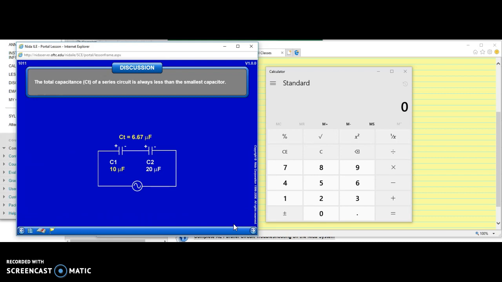Capacitors in series actually form a capacitor that is lower than the lowest value. So it's just the opposite of resistors. You have to remember, for capacitors, that holds true when they're in series. So if we've got a 10 and a 20, our overall capacitance is 6.6 microfarad. And if you notice, both of those are in microfarads.